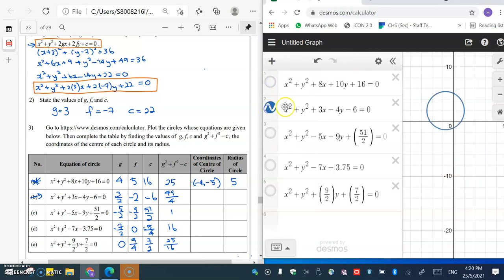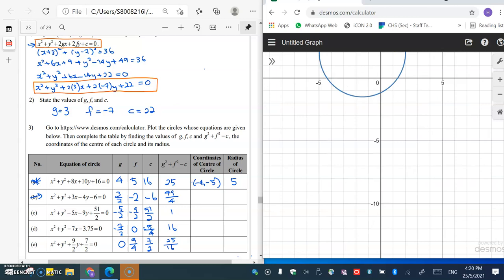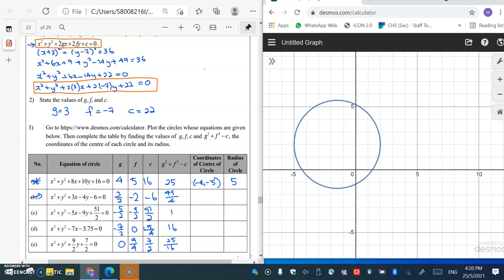Let's go to the second one that we have. The second equation, we have x squared plus y squared plus 3x minus 4y minus 6. Let us look at this circle. If I look from bar to bar, I'm looking at a possibility of, say, here. If I look from top to bottom, I'm looking at a possibility of a center here. This center is essentially negative 1.5, 2.